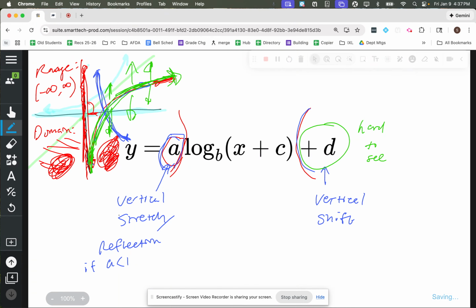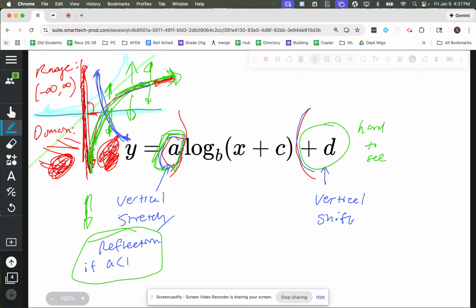The only time you're really going to know the effect of the A is when it reflects, because it'll change the direction of whether it's going up or going down. But it still goes from negative infinity to infinity, either way. A reflection is a little easier. A stretch is going to be very hard because this thing is already vertical.